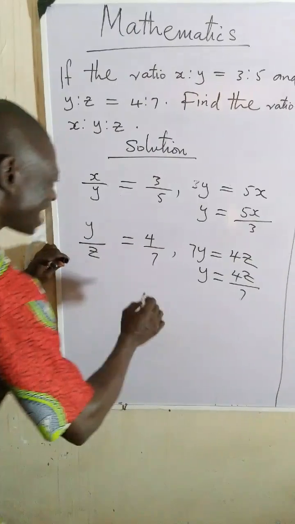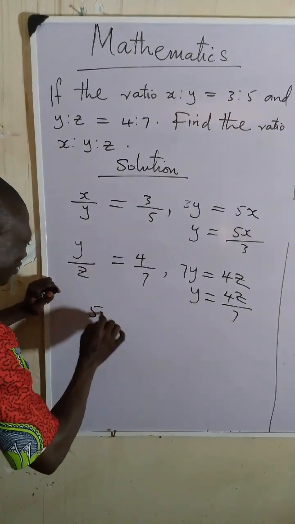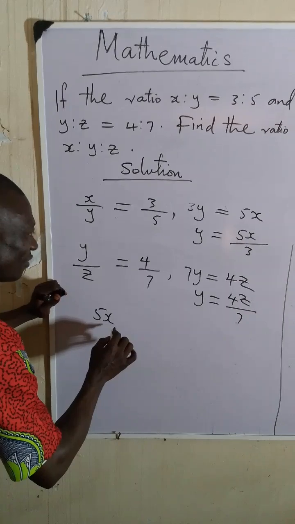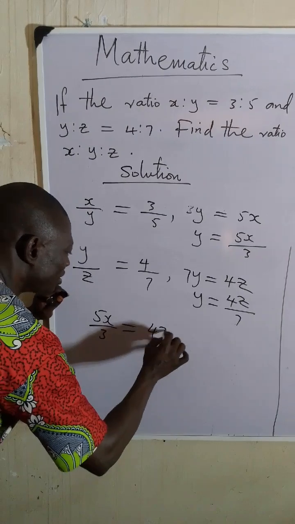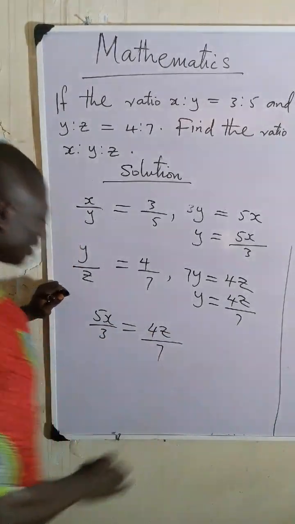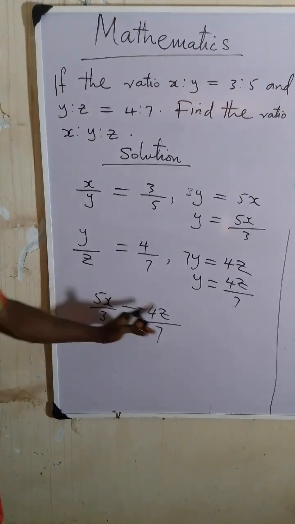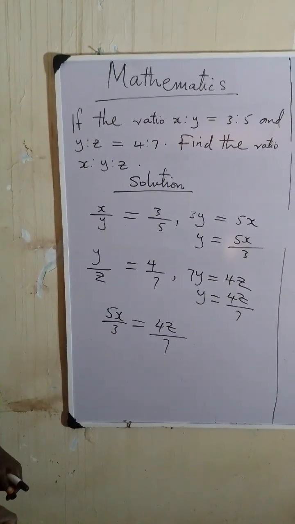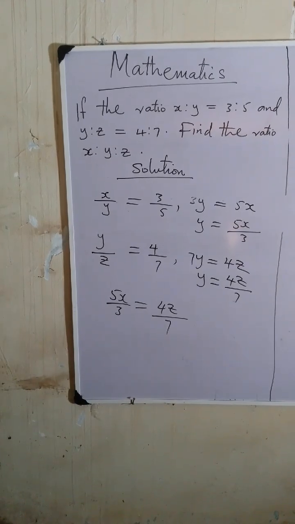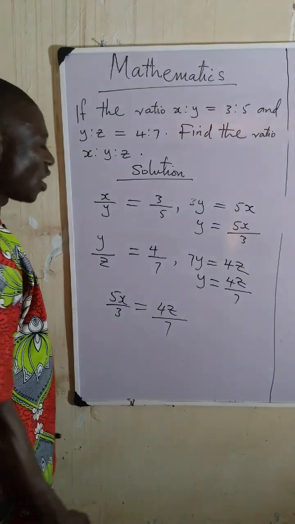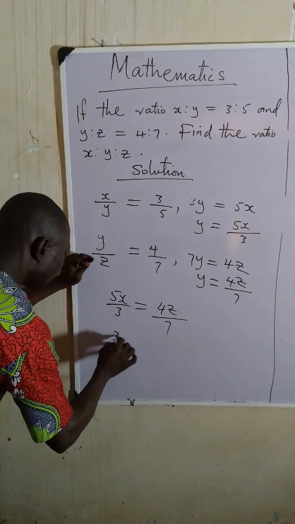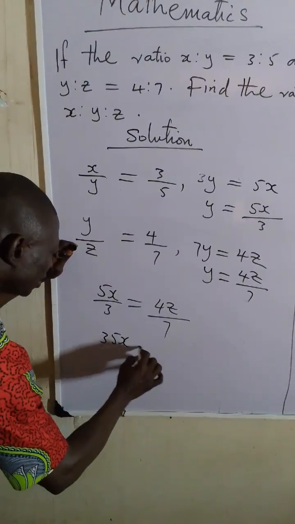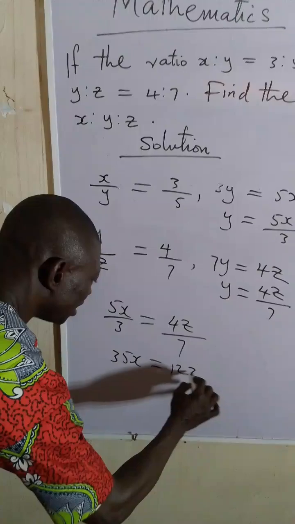So we have 5x over 3 being equal to 4z over 7. Even though we still have two letters here, we will not mind. Cross multiply so that the whole fraction will go, and we get 35x is equal to 12z.